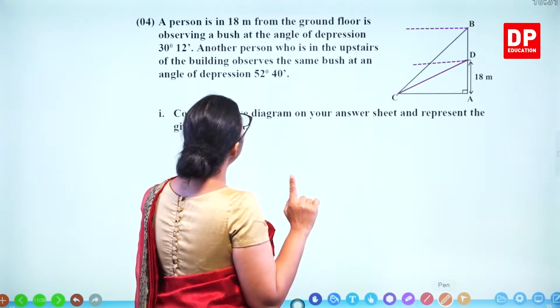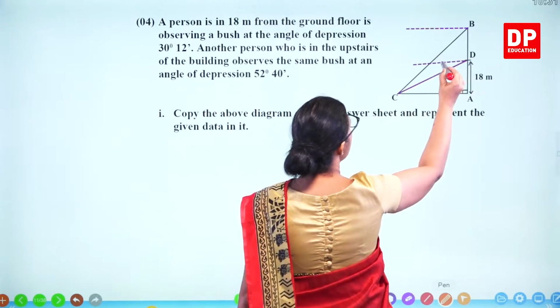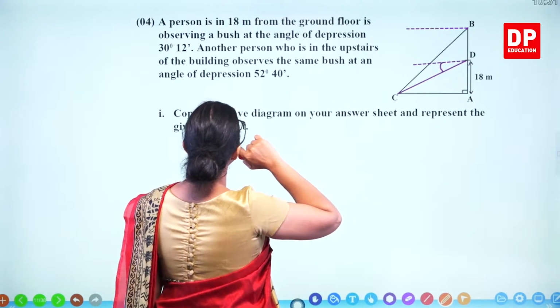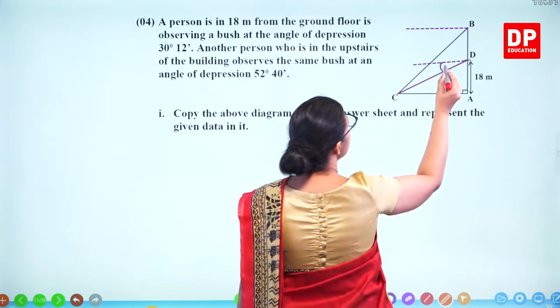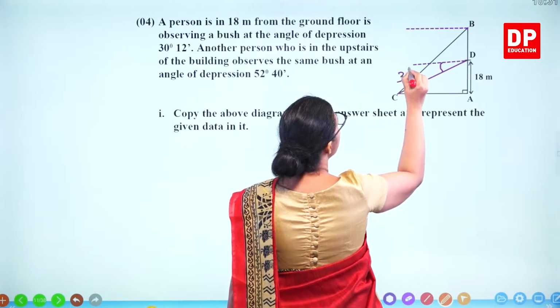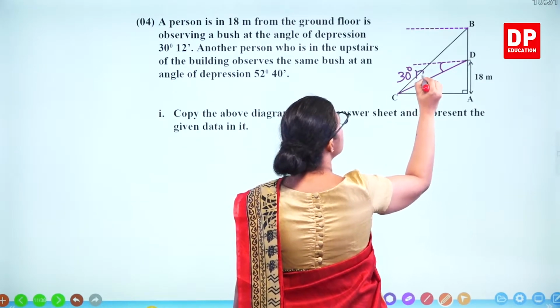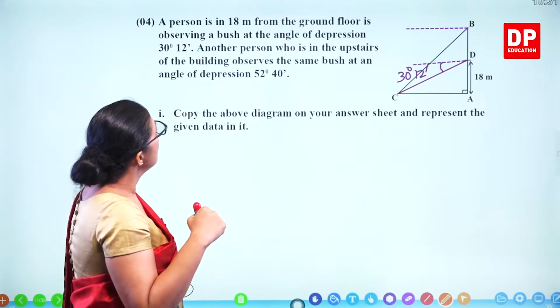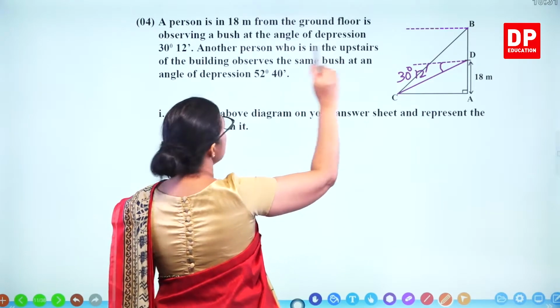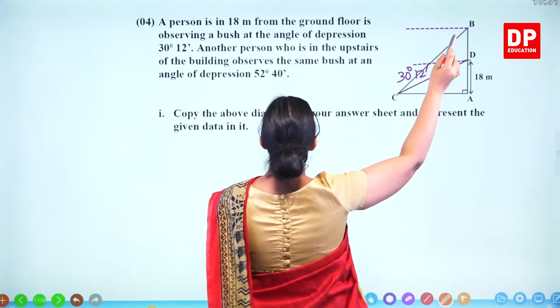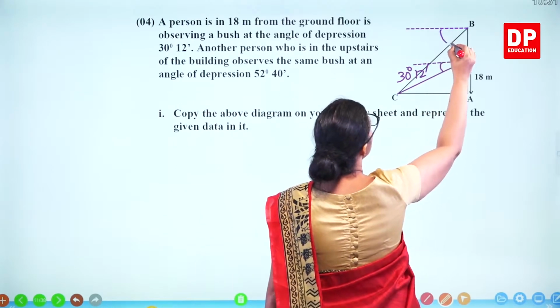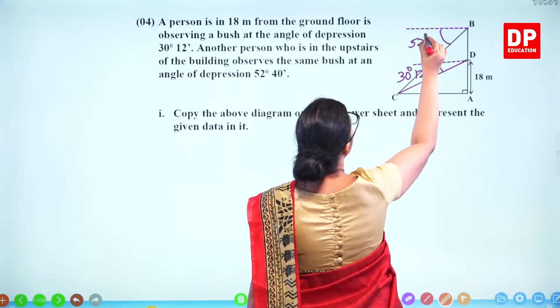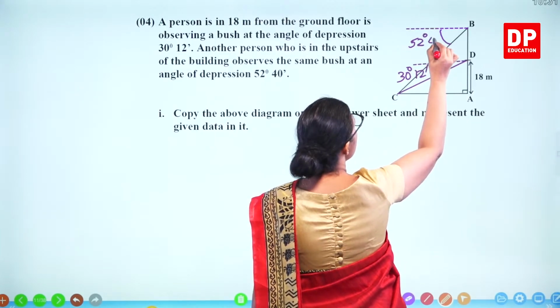So, when you look at from here, what's the angle of depression here? First one, 30 degrees and 12 minutes. That's this angle. Then when goes upstairs, that means here the angle of depression is this one, 52 degrees and 40 minutes.